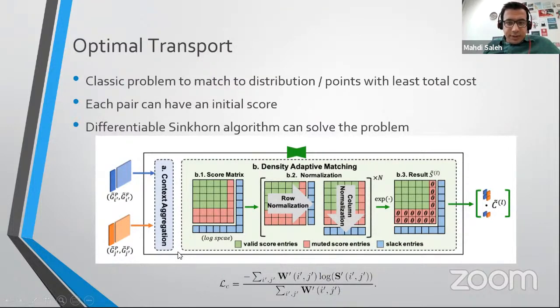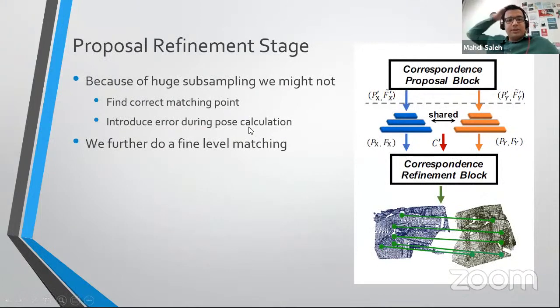So this is the first pass, and then comes the refinement stage. The idea is that when you do a coarse level matching, you might miss the exact same point on the other side because you do some subsampling, which uses voxel-based sampling. You might miss a representative point on the other side.